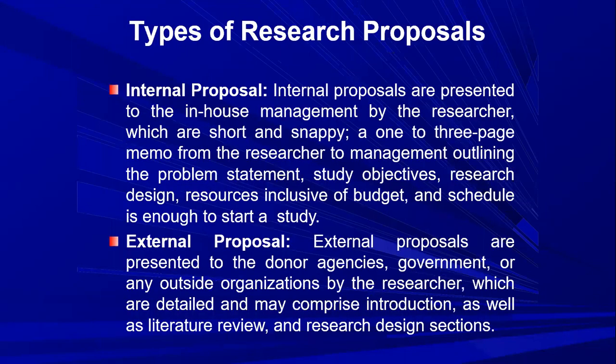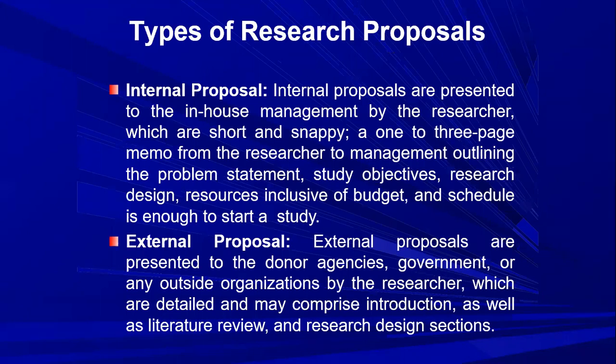Now, what are the different types of research proposal? One is an internal proposal, another is an external proposal. Internal proposals are presented to the in-house management by the researchers. For example, if you are working in an organization and want to do research for it, you can do that. That is called an internal proposal, which is short and snappy.